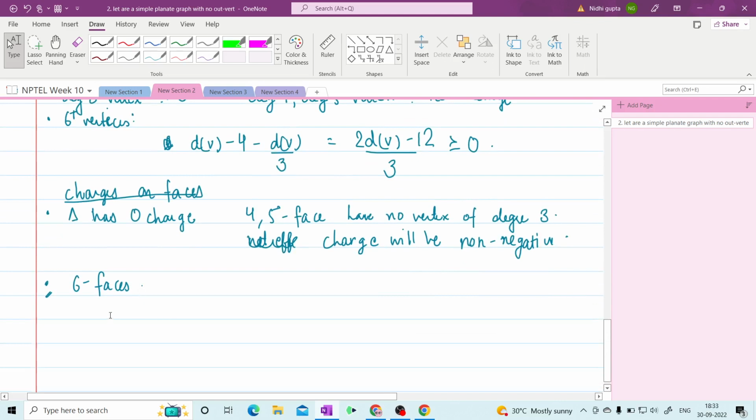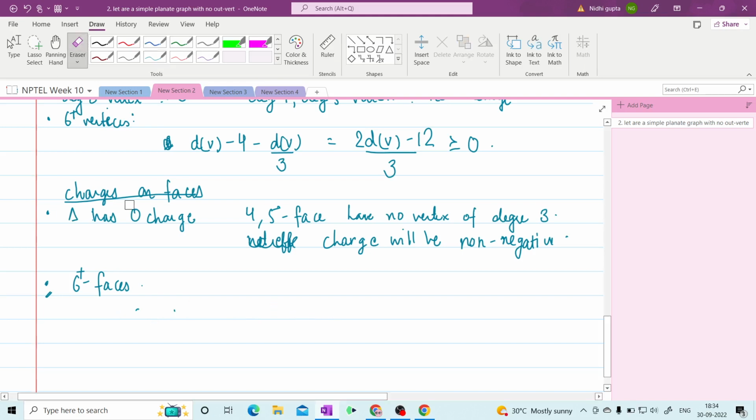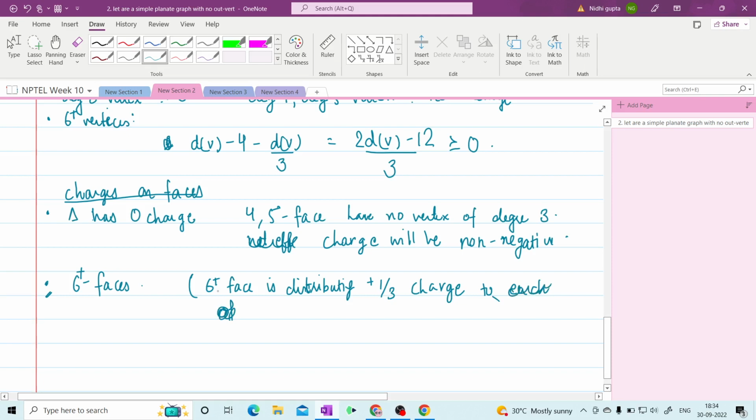So now if we have 6 plus faces, that is faces which have length 6 or more, the only charge that is being subtracted from faces is coming from R1, and in R1 the 6 plus face is distributing +1/3 charge to each of its degree 3 vertex.